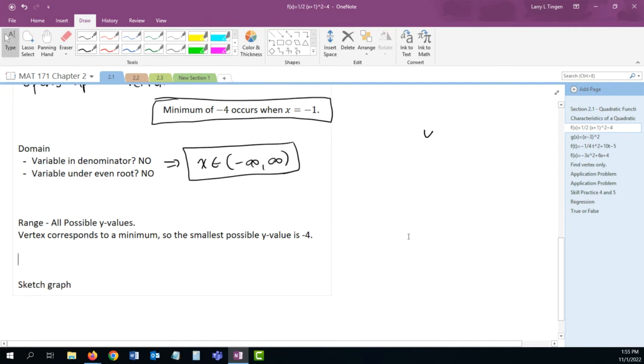So if that's as small as it can get, the parabola opens up. So it's going up. The lowest it gets is -4. The highest it gets is it goes on forever in that direction. So what is my range going to be? Well, my range, the lowest I can go is -4, but I can go on forever upwards. So my smallest value is -4, and that continues up forever.